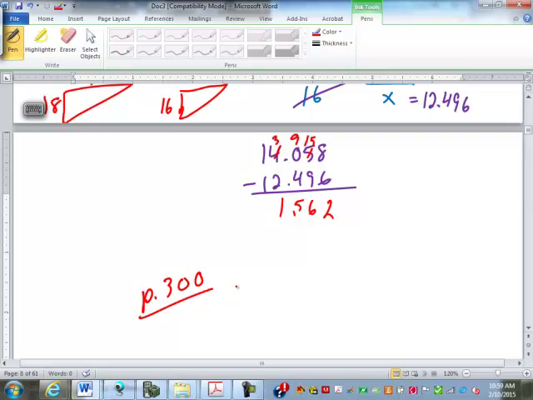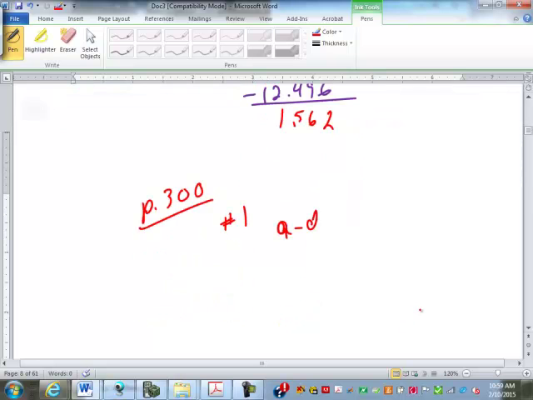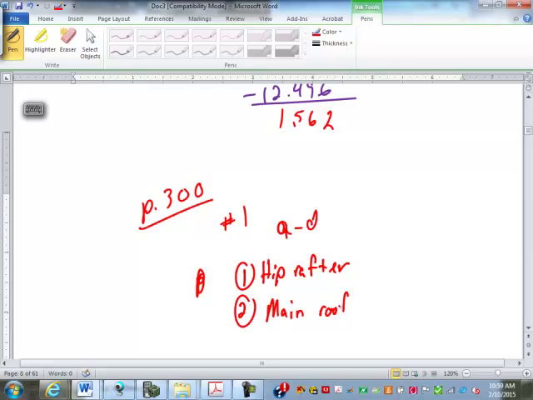On page 300, number 1, A through D, I want you to find the length of the hip rafter, the main roof decrease, and the hip roof decrease.